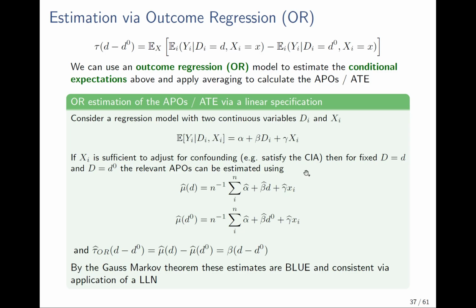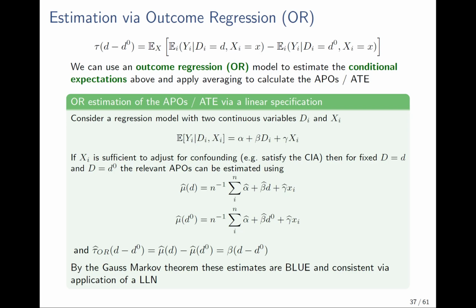If X satisfies the CIA, then for some fixed D equals value d or D equals value D0, the relevant average potential outcomes above could be estimated by estimating this regression model, retrieving the estimated parameters, taking the fitted values, plugging in d, plugging in D0, and subtracting the two. And it's as simple as that.